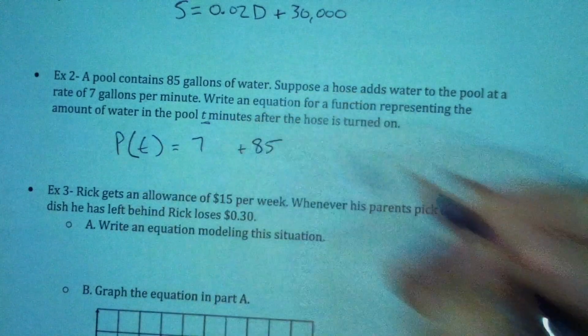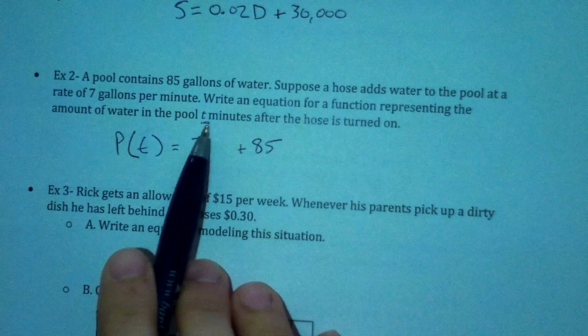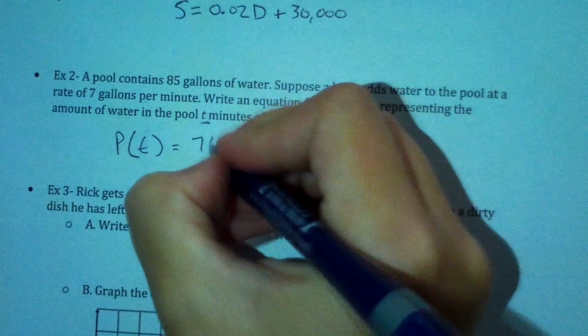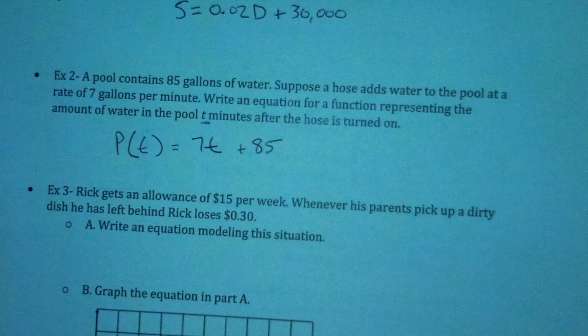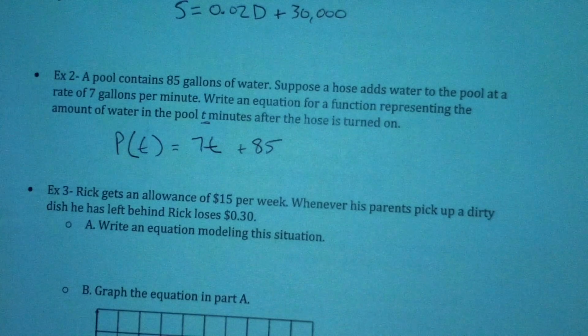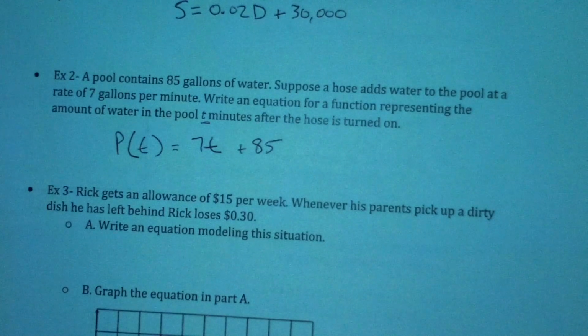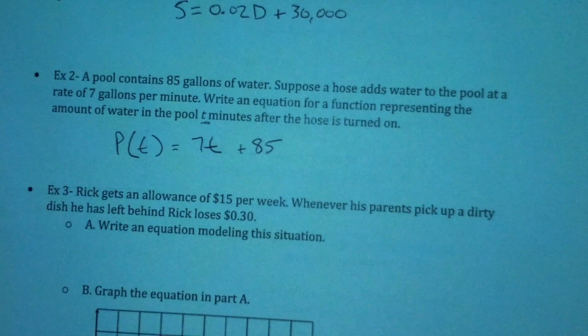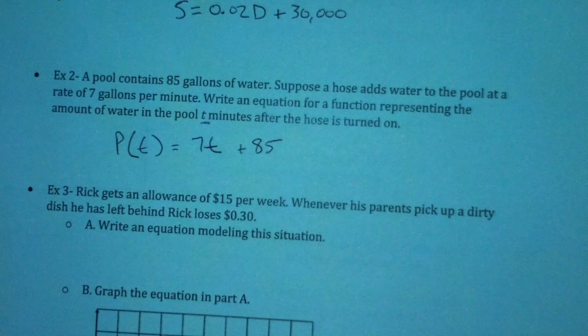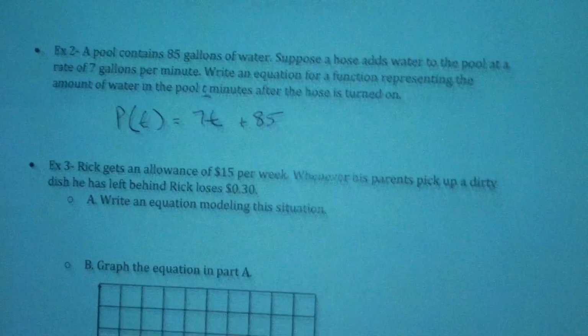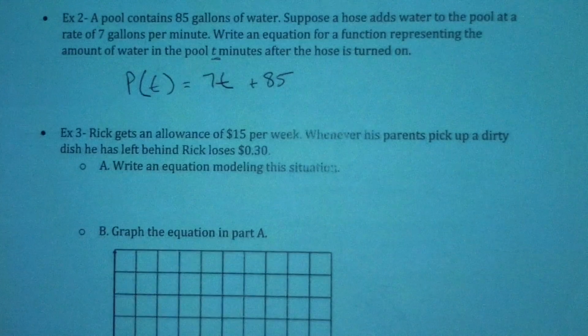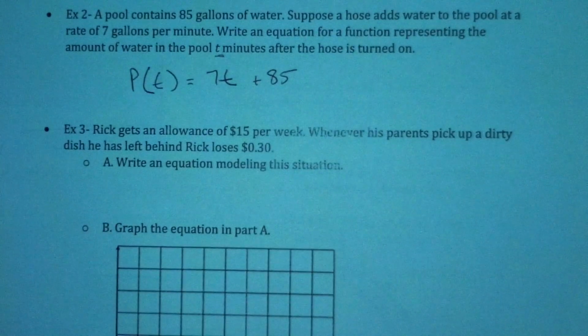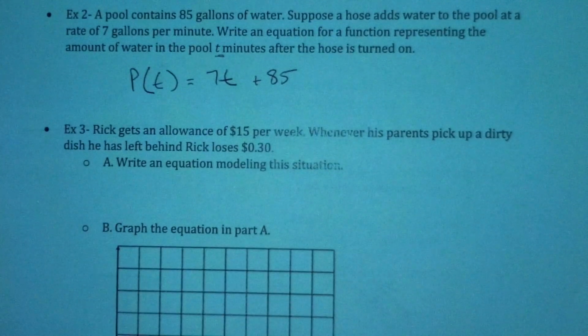So yeah, so that $15 a week is what we're starting at. And then every time he messes up and leaves a dish out, he loses 30 cents. What happens when he's losing 30 cents? It's going to be subtracting or going down. Since I wrote it this way instead of subtract, I'm going to make it negative. So he's losing 30 cents, so negative 0.30 for each dish he leaves out.